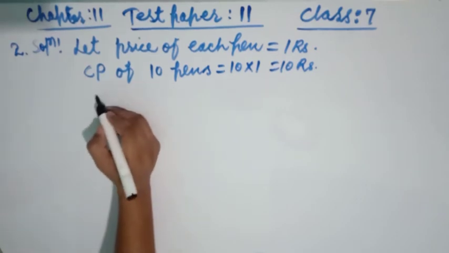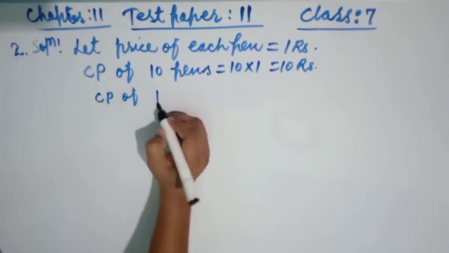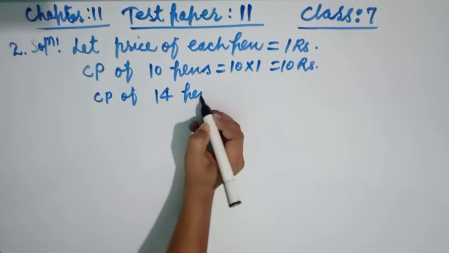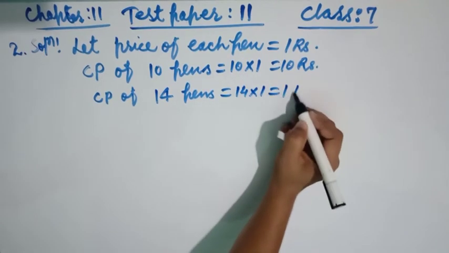Now we can find the CP of 14 pens, which is equal to 14 multiplied by 1, equal to 14 rupees.